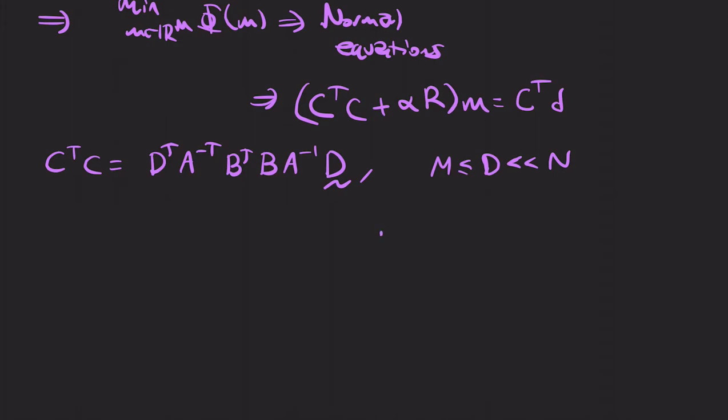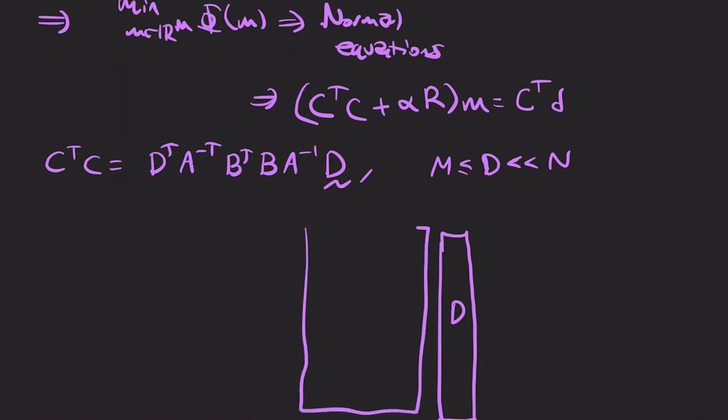So we have a system that looks like the following. The action of this vector has skinny D, A inverse is square, which is not drawn as square, but it should be.